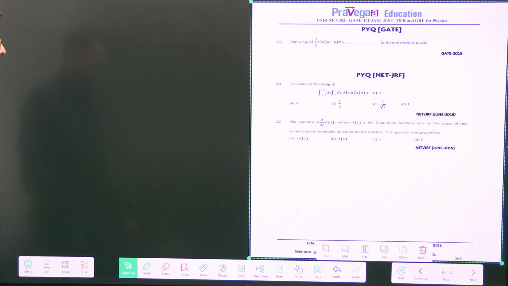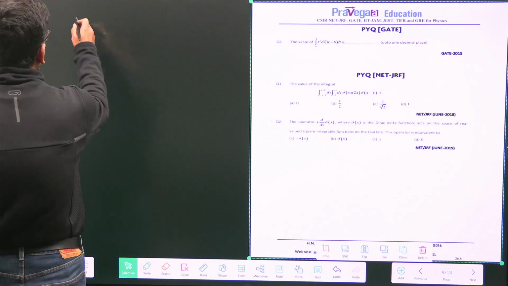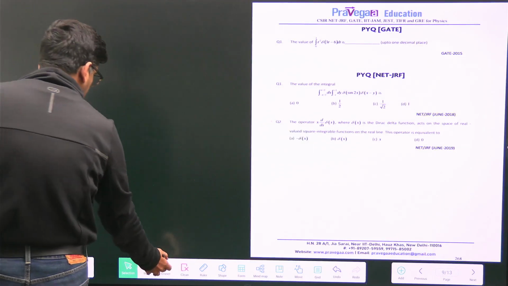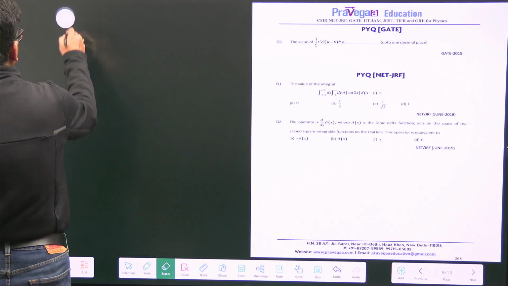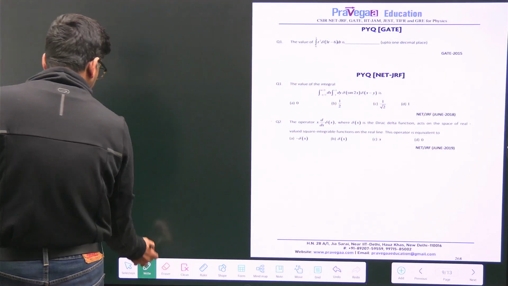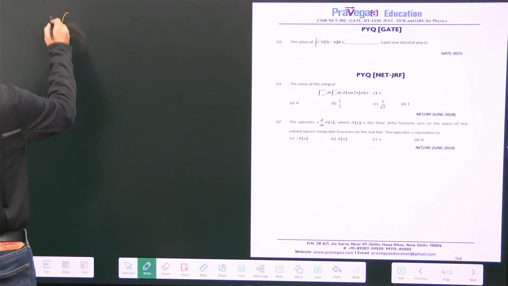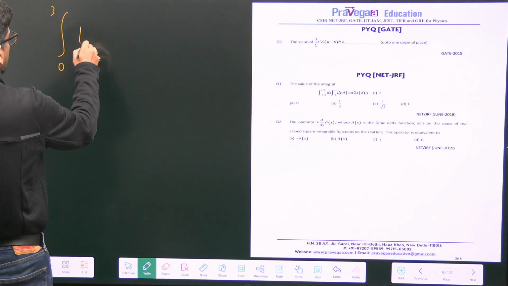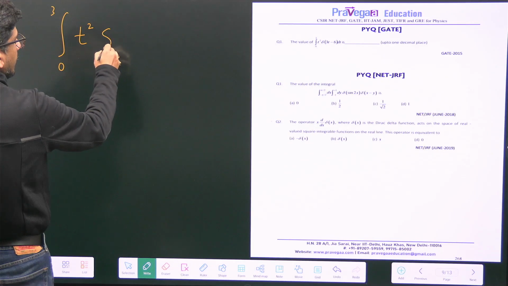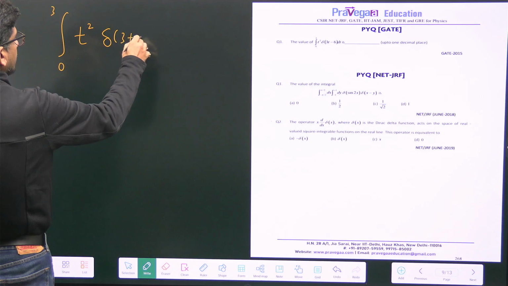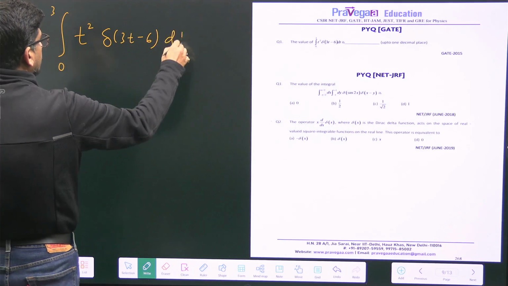The first one is, suppose we have the integral from 0 to 3 of t square delta function 3t minus 6 dt.